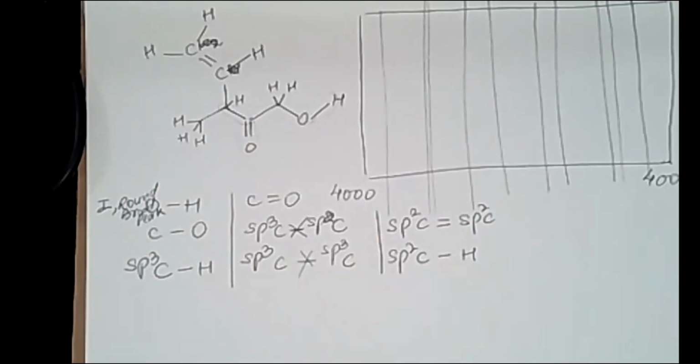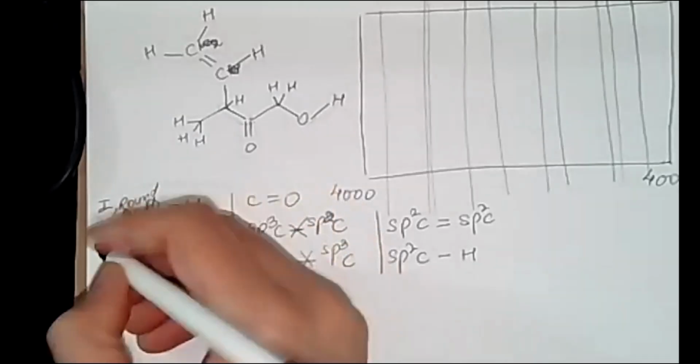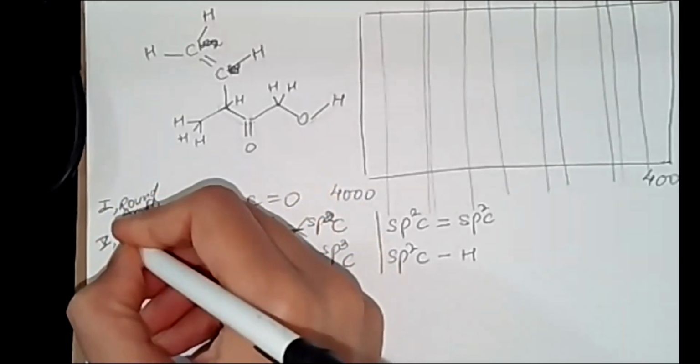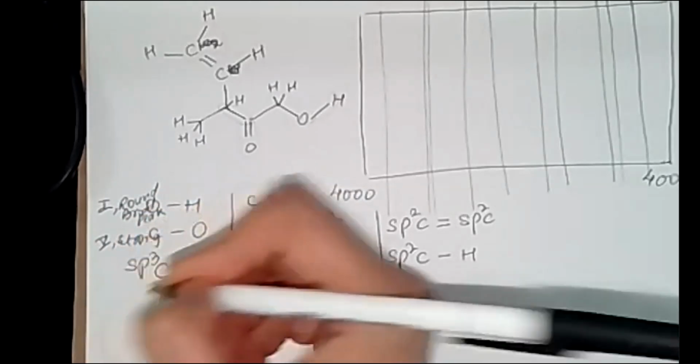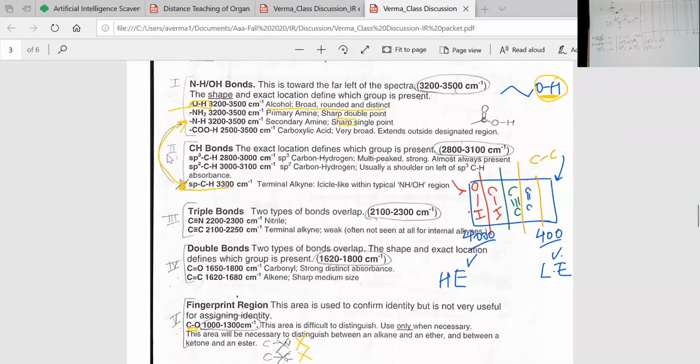What about C single bond O? The C single bond O peak appears in region 5 and it is usually a strong peak or more distinguishing peak. So C single bond O is in region 5, strong peak. What about sp3 CH? sp3 CH is in region 2 and it is a multi-pointed strong peak.